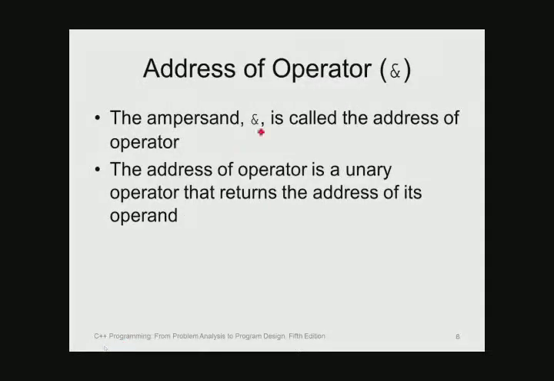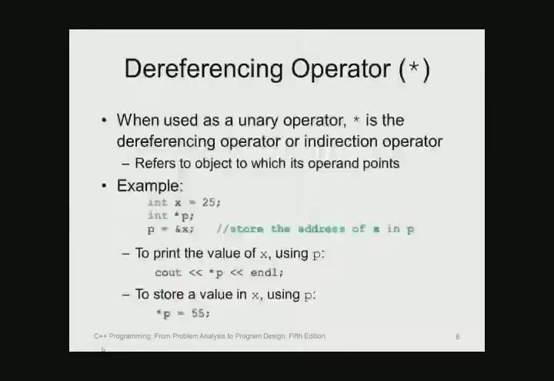Okay. The ampersand is the operator used for the address of a memory location. So when you want to actually set a pointer to the memory location of a variable, you would use the ampersand. So for example, here we have a regular integer variable x, which has the number 25 inside. Here we have a pointer P, so the pointer contains the memory address of a location that can hold integers.